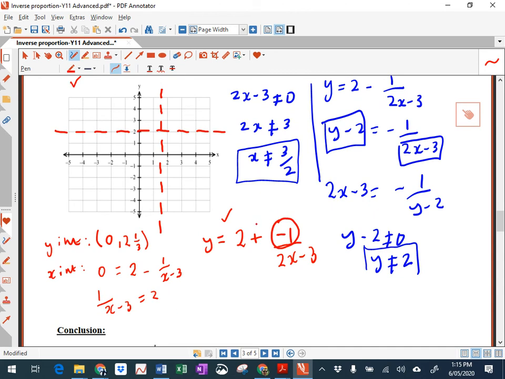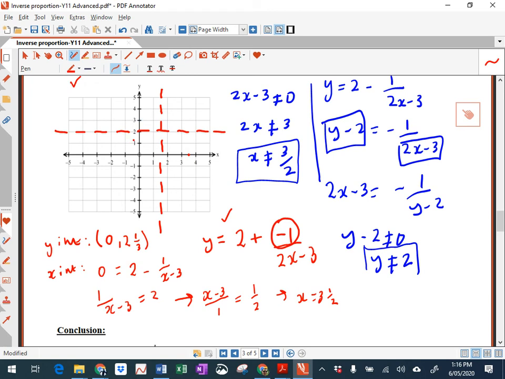Yep. So now I'm just going to take the reciprocals of both sides. So x minus 3 over 1 is equal to 1 over 2. And that gives me x is equal to 3.5. Okay, so just about there.